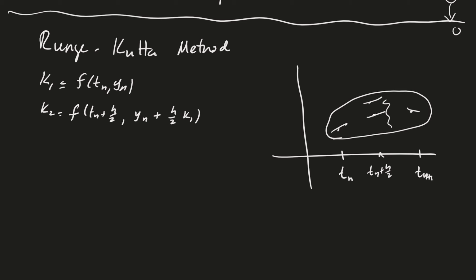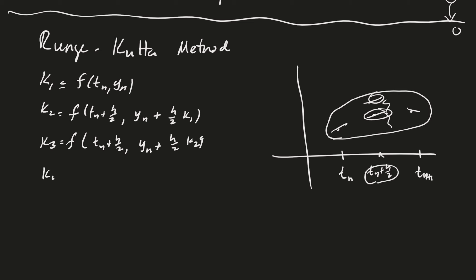for that. Okay, and now K3 is going to be taking the same time step over, but now I'm going to use a different value of y, and the value of y I'm going to use in K3 is K2. So that's going to be Tn plus h over 2 again, and then Yn plus h over 2, and then I'm going to use K2 instead of K1, right?